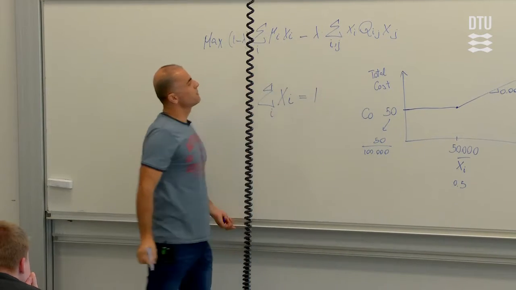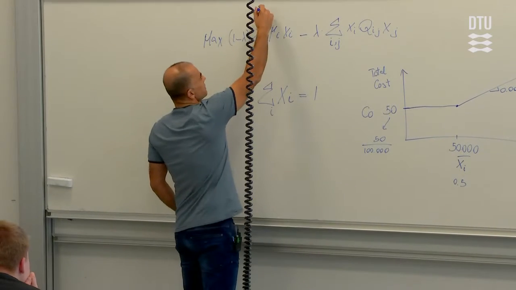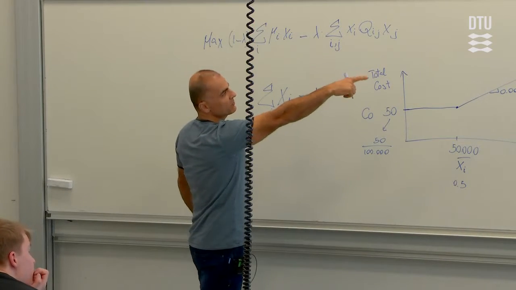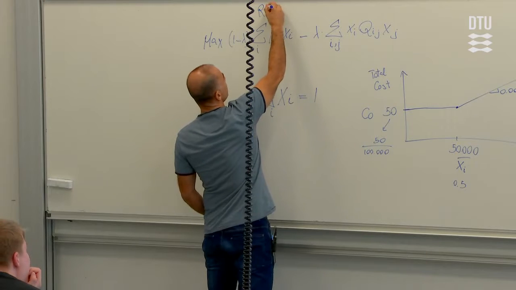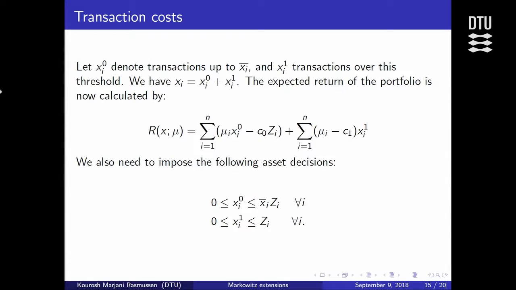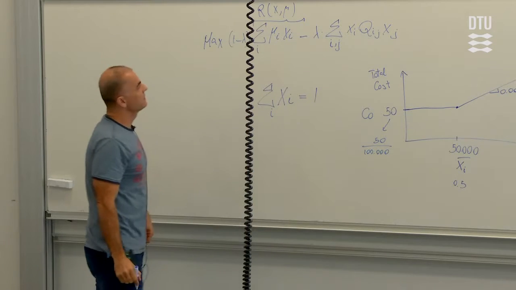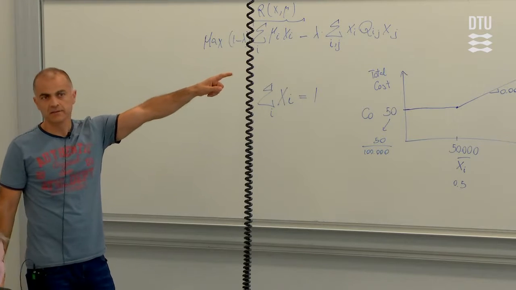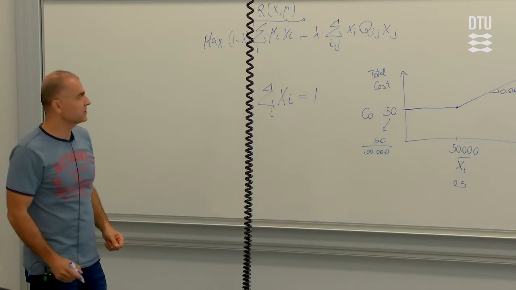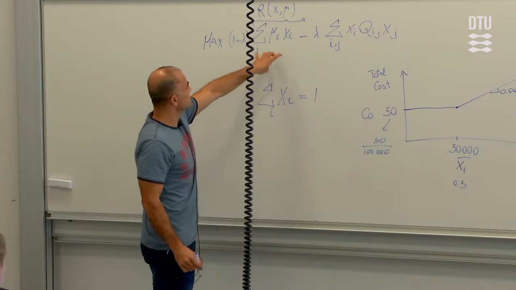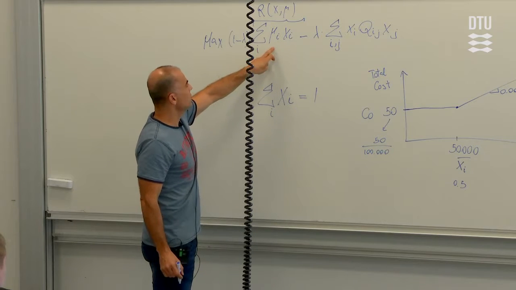So this is my first term. I call this the return, R of x and mu, right? This is the term in particular that I'm now changing in order to account for the transaction cost, only looking at this term, which was the sum of mu i xi.